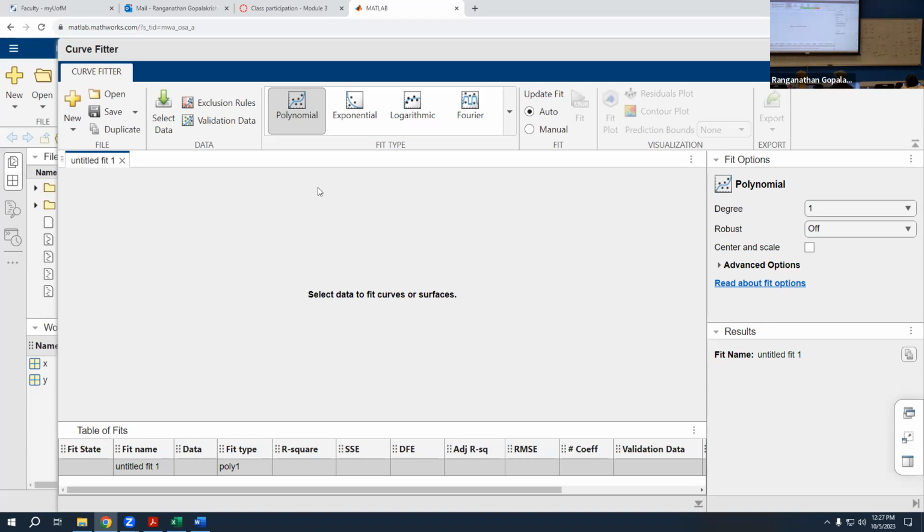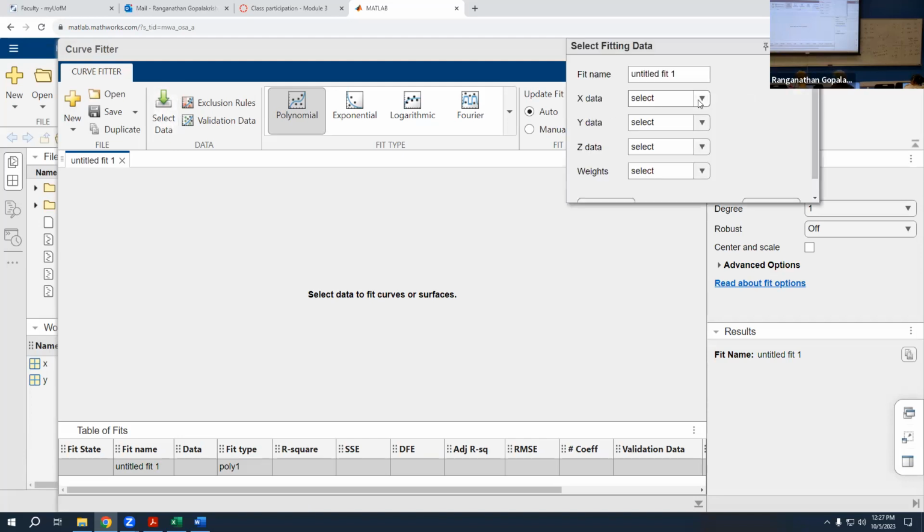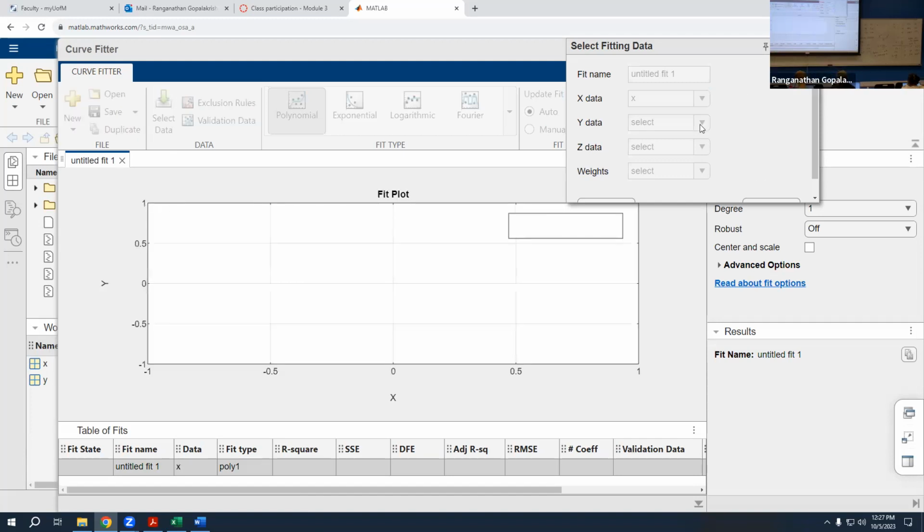Now we are going to ask the computer to do it, assuming that you know the concept. Okay, so then, select data. Click select data. My X data should be my X values and Y data should be the variable Y that I created.